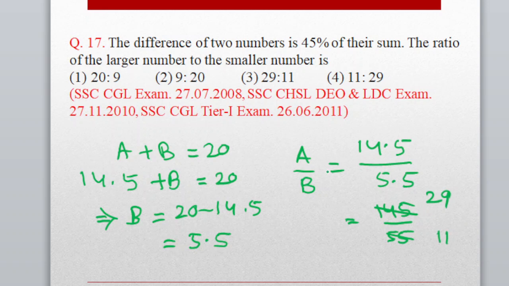So 29 by 11. That means your option 3 is the right answer.